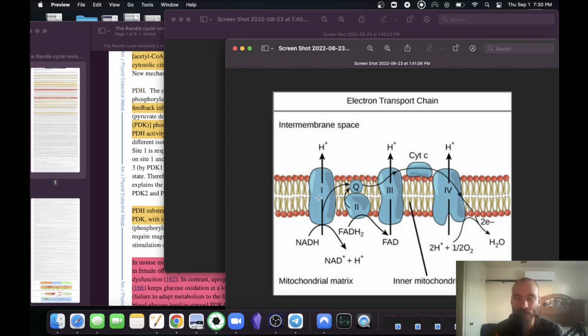So the enzymes use the energy from the electrons, kind of like little pumps, and they pump these H plus ions that you can see right here into the intermembrane space of the mitochondria. And what happens is there's fewer H plus ions here, and there's more H plus ions over here, kind of like a battery.